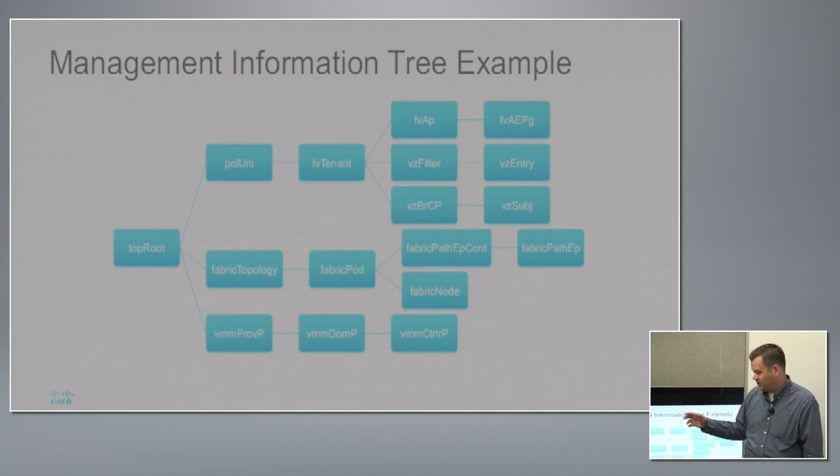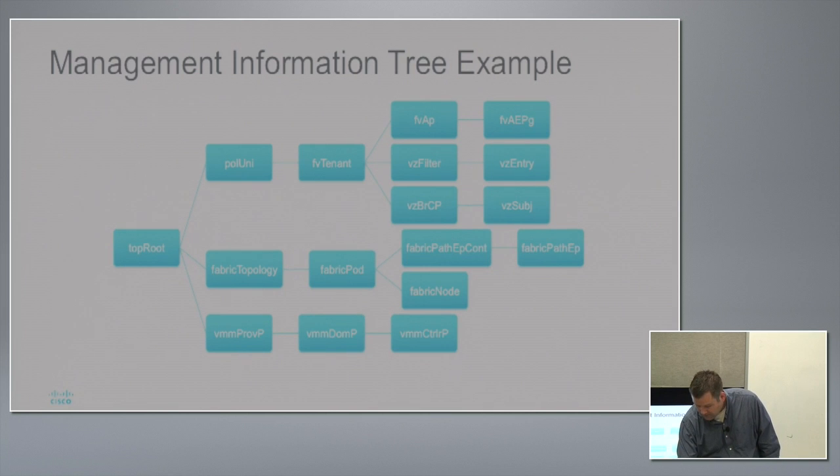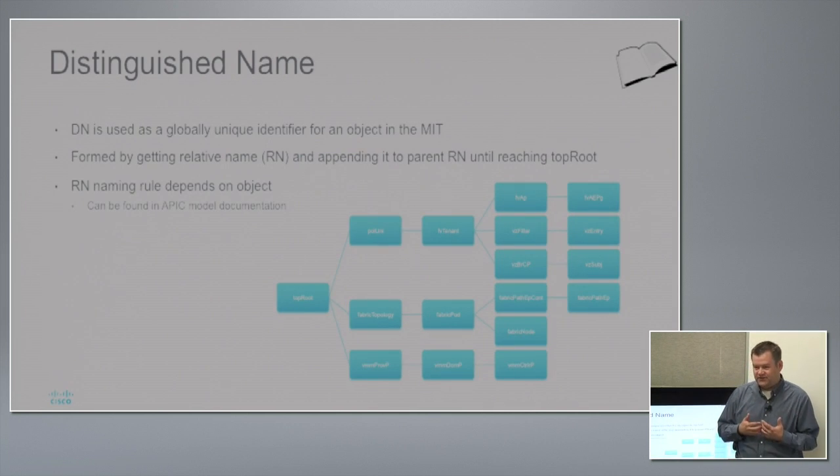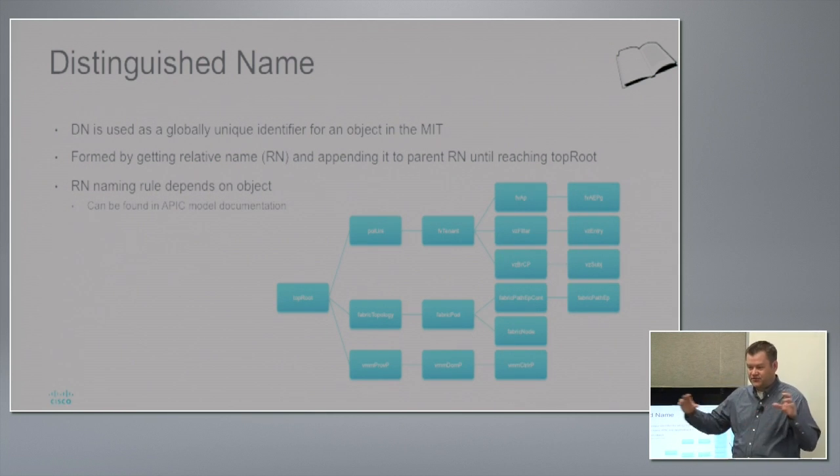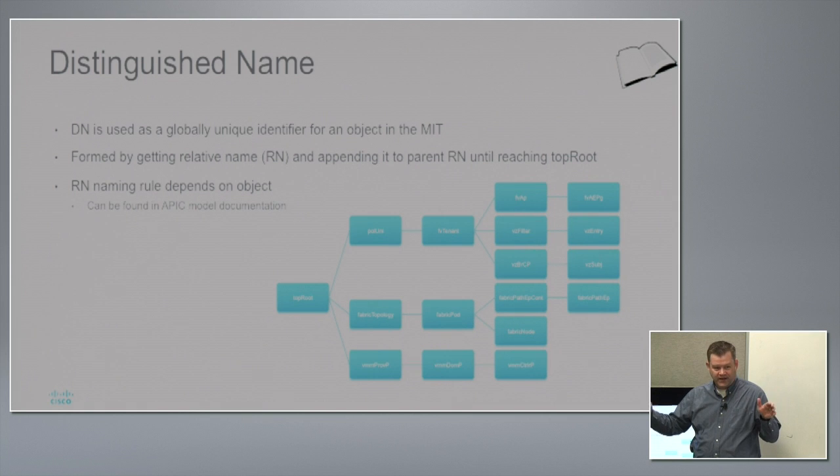There's filters and contracts and entries. But each object is essentially queried using a distinguished name. And a distinguished name is essentially, you could think of it almost like a URL. And the URL gives you a walkthrough on the hierarchy of this management information model.